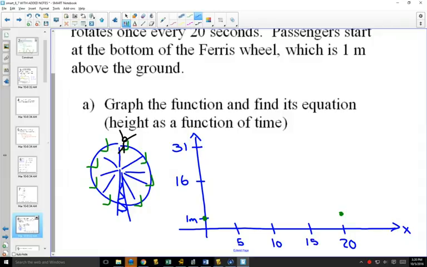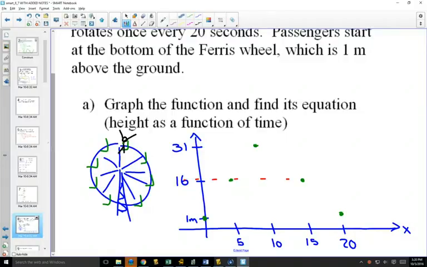Where are you going to be at 10 seconds? Way up there, having the time of your life. And then at 5 and 15 seconds is when you're going to be at your average.